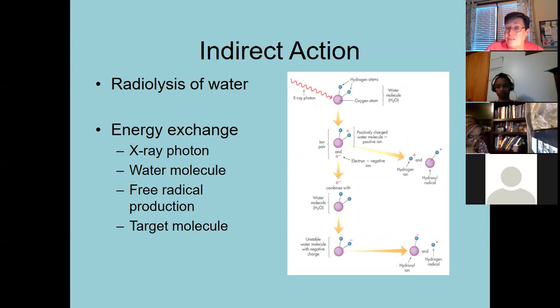With direct action, the X-ray photon hits the important molecule. But again, probability tells us that's not going to happen very often. Most of the time, and as a matter of fact, almost 100% of the time, those biologically important molecules or the target molecules are damaged via indirect action.